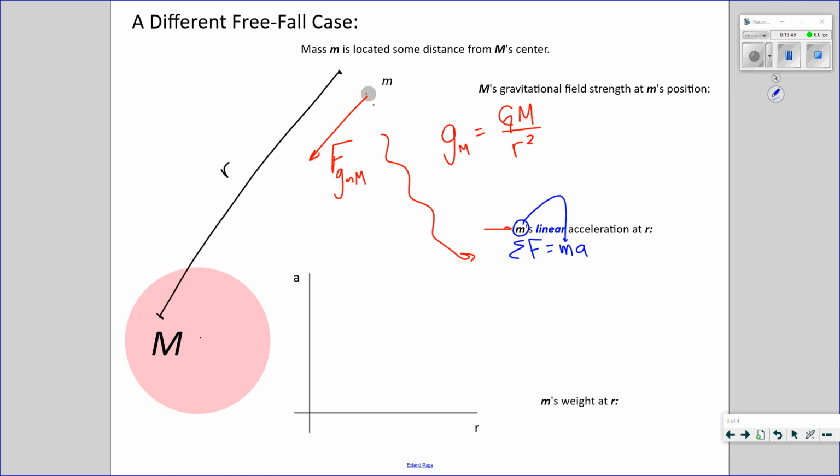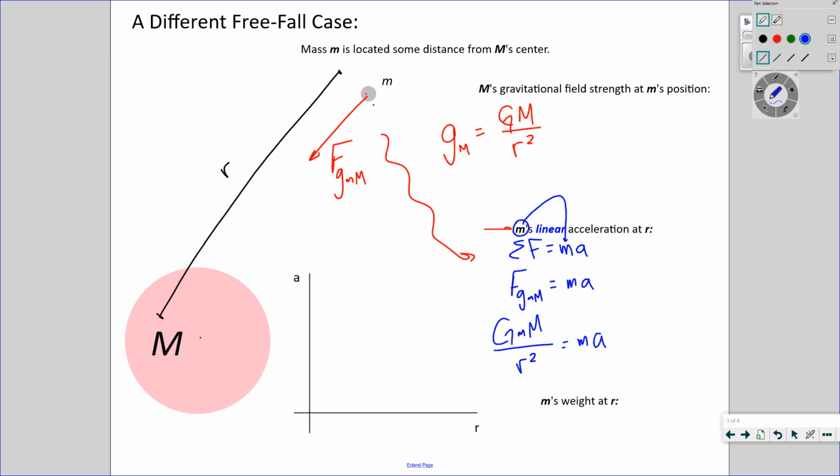Little m's acceleration, well, the net F is Fg on little m by big M equals little m a. Well, Fg is big G, little m big M over r squared. And this is little m a.